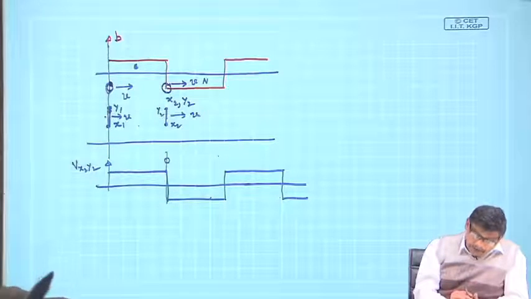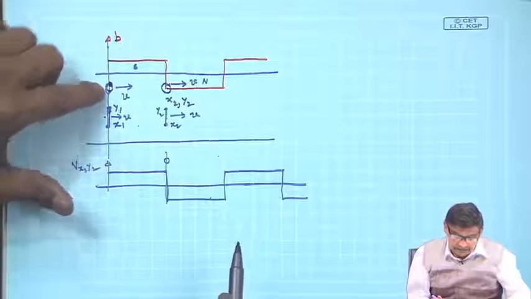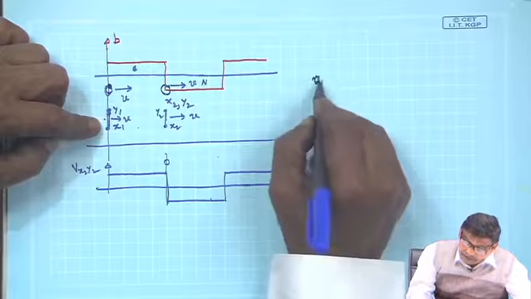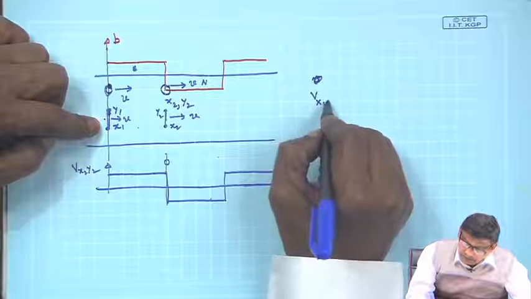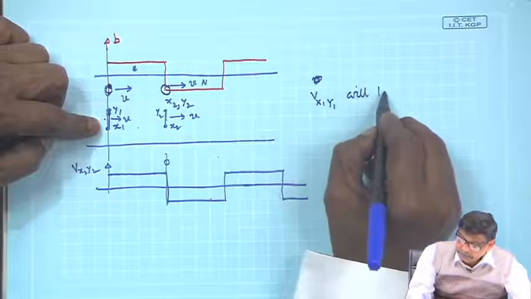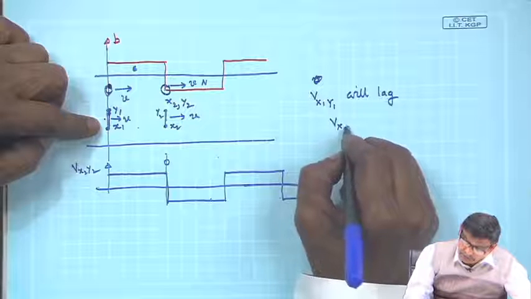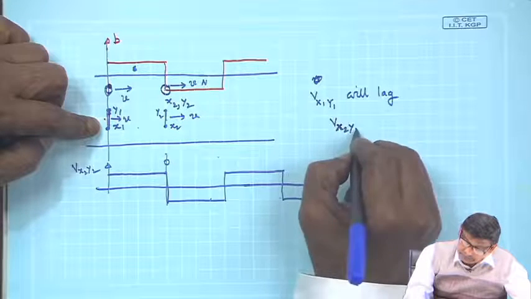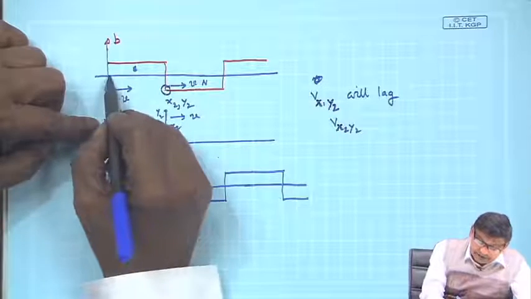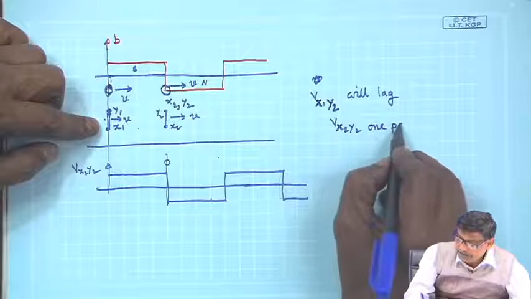Therefore, the induced voltage in terms of distances: the potential V x1 y1 will lag V x2 y2 by one pole distance.